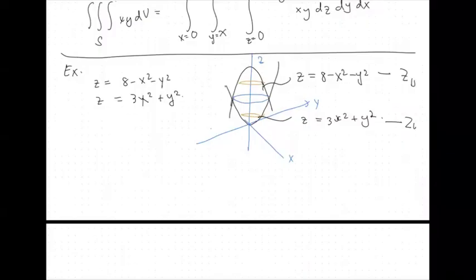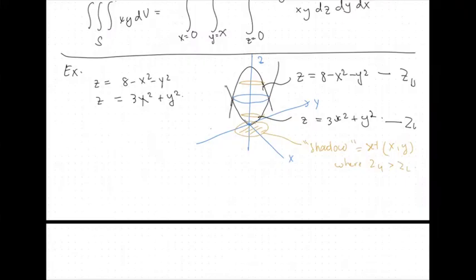The shadow here in the XY plane. It's just my layman, informal term. This is the set of X and Y where your Z upper is greater than your Z lower.